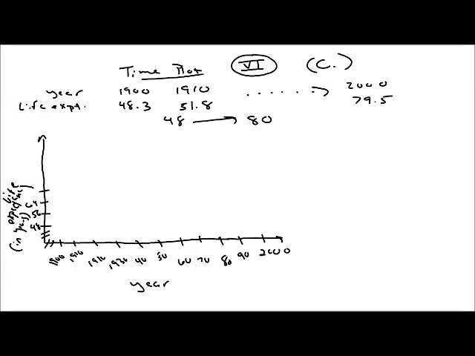Could go a little bit more space here. 48, 56. I can't add. 64, 72, 80. There we go. Give it a title. Title is life expectancy.